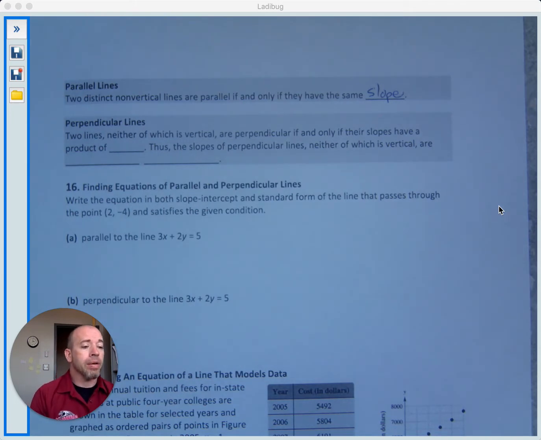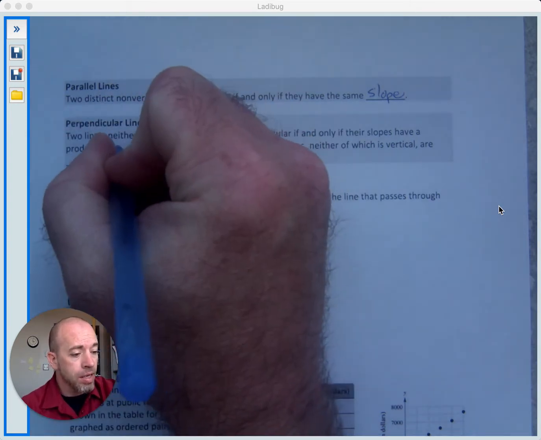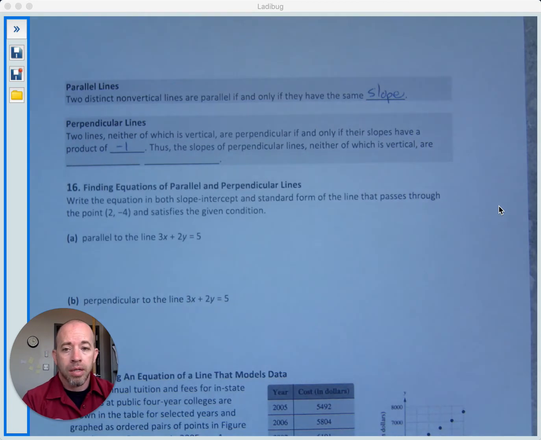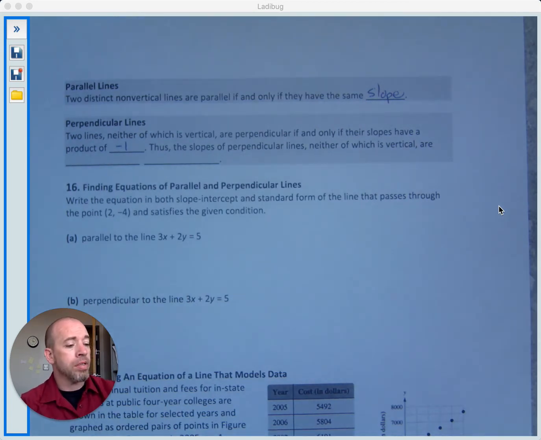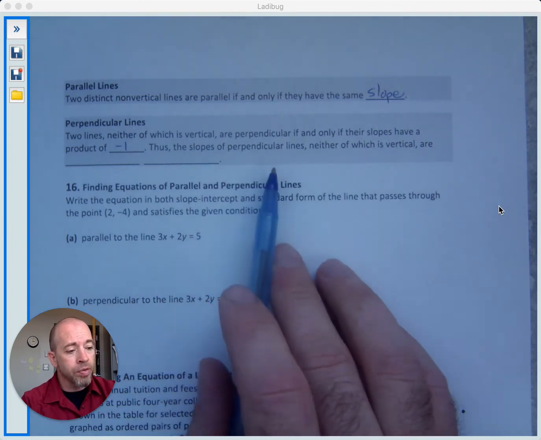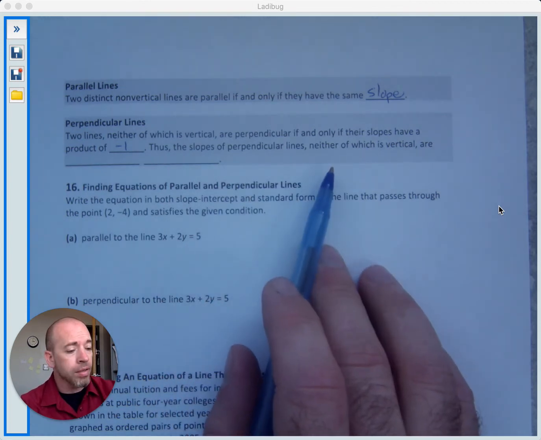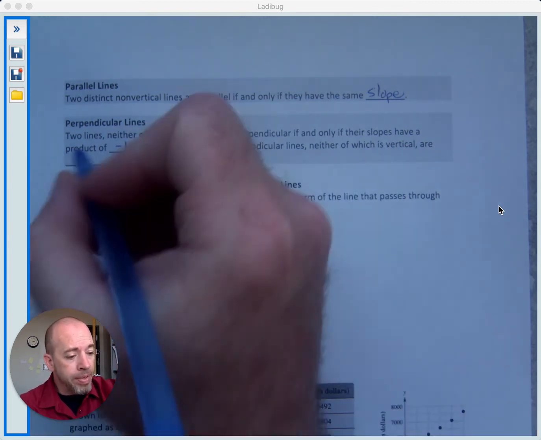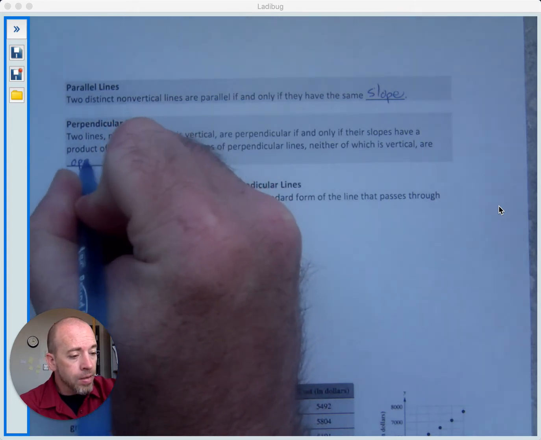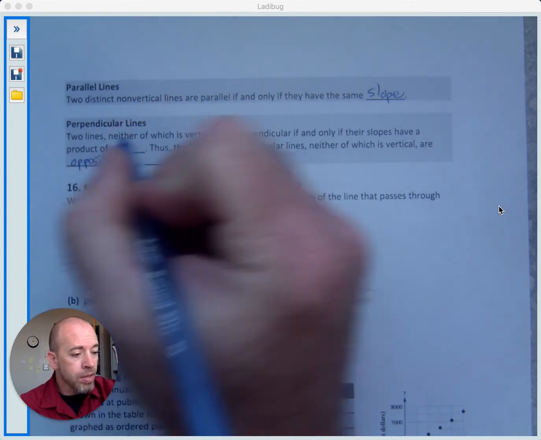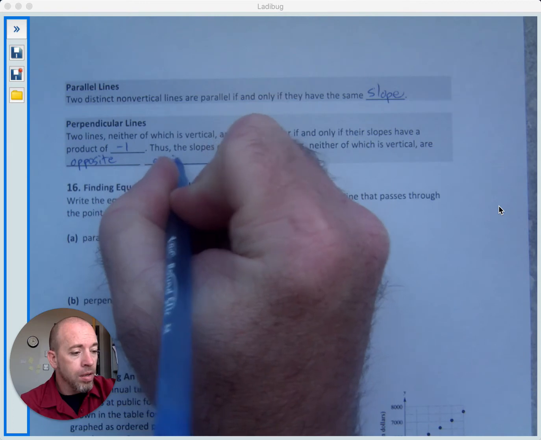Perpendicular lines: remember, if two lines are perpendicular, the product of their slopes is -1. Again, what may help you a little more is to remember that the slopes of the two lines, if they are perpendicular, are opposite reciprocals of each other.